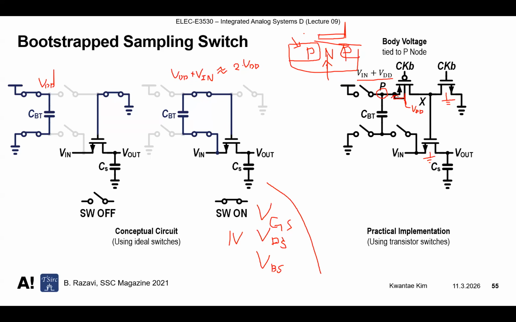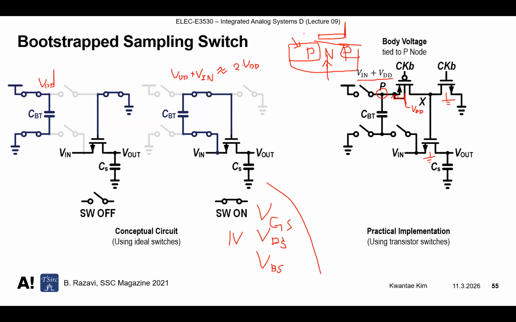So in this case, if we apply Vin plus VDD at the source and the body voltage as VDD, then definitely the source voltage is higher. Then current flows no matter how we control the gate voltage, whatever it is. There is a certain amount of current flowing due to the PN junction. We don't want that kind of situation.